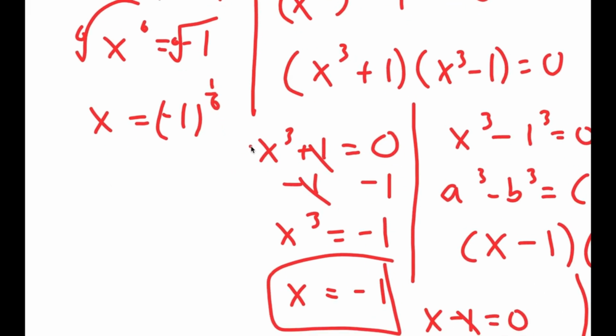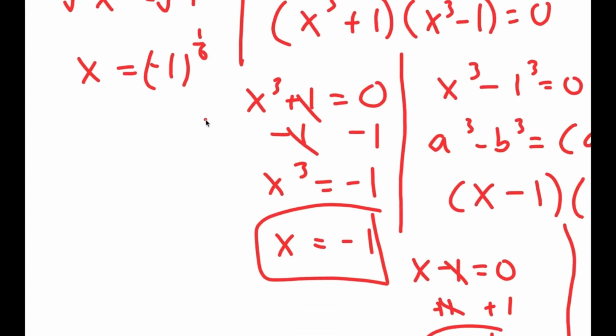So now, the 6th root of negative 1 is, we know that i is equal to the square root of negative 1, which is equal to negative 1 to the power of 1/2.